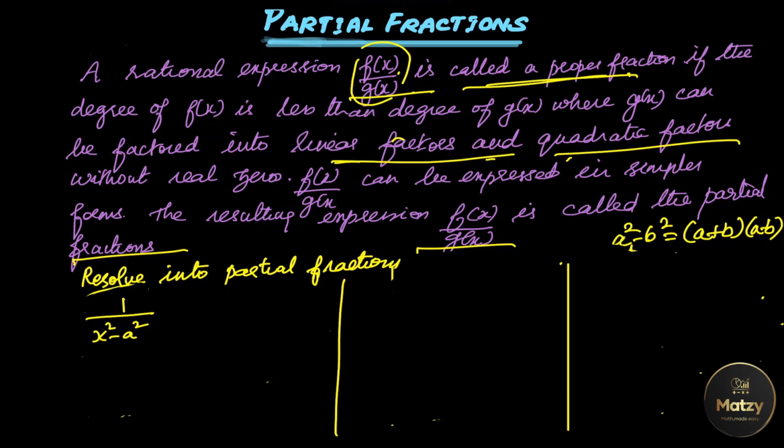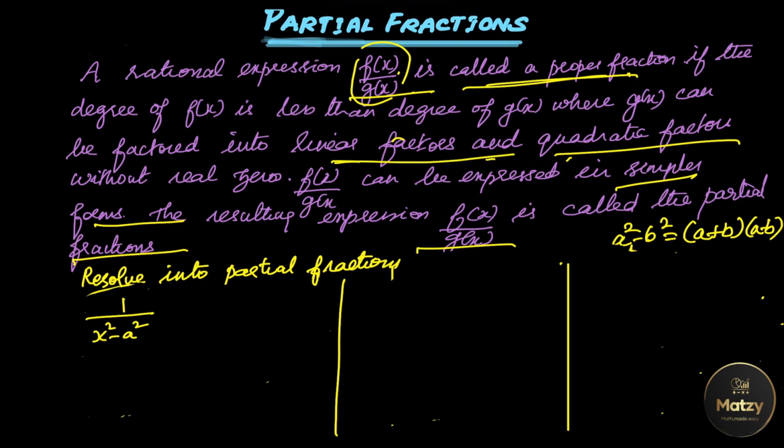That means this rational expression f of x by g of x can be expressed in simpler forms. How in simpler forms? By factorizing the denominator g of x. Okay, those simpler forms are said to be partial fractions.